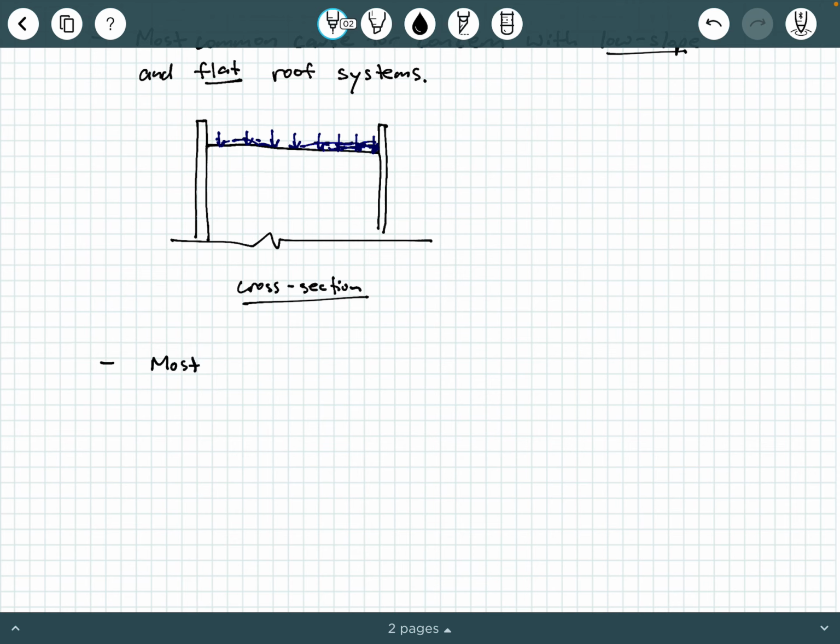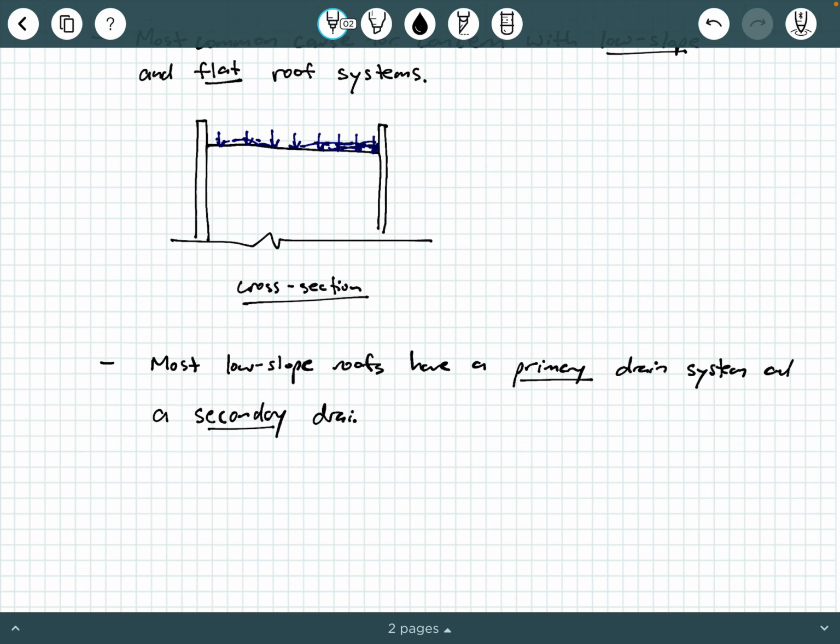Most low slope roofs have what's called a primary drain system and a secondary drain system. Okay, let's see if I can spell things right.